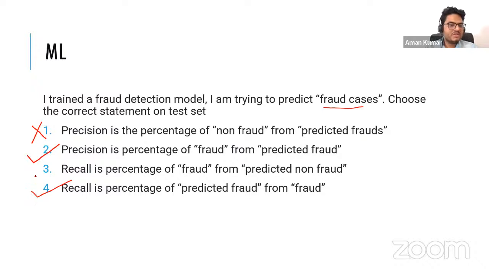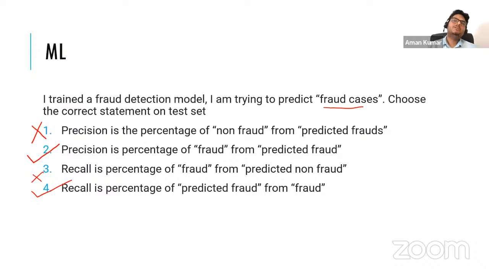According to me, 3 is wrong and 4 is right. Okay, according to me, but again, I may be wrong. Anybody can be wrong. Yes, many people are agreeing with me.